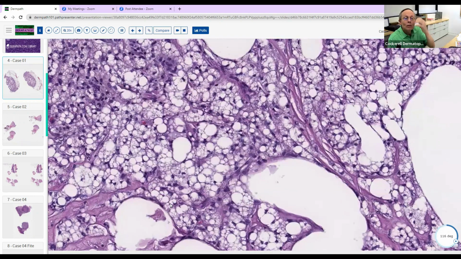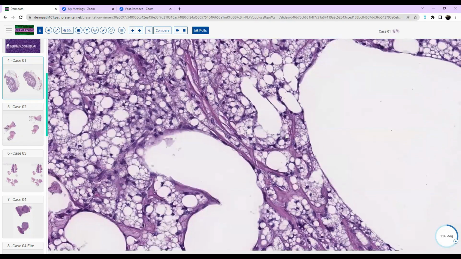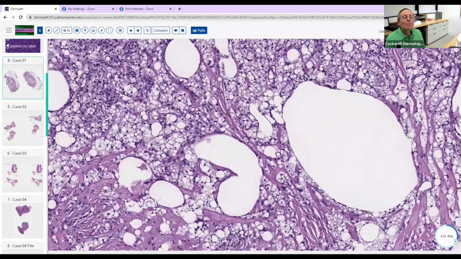Okay, so you thought these were adipose cells here. I thought so with all of the little vacuoles, but I may be off. No, you may be right.